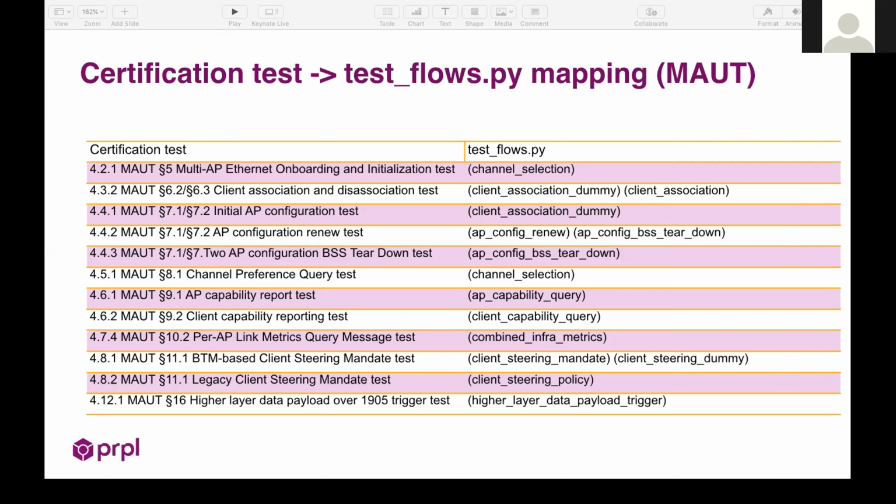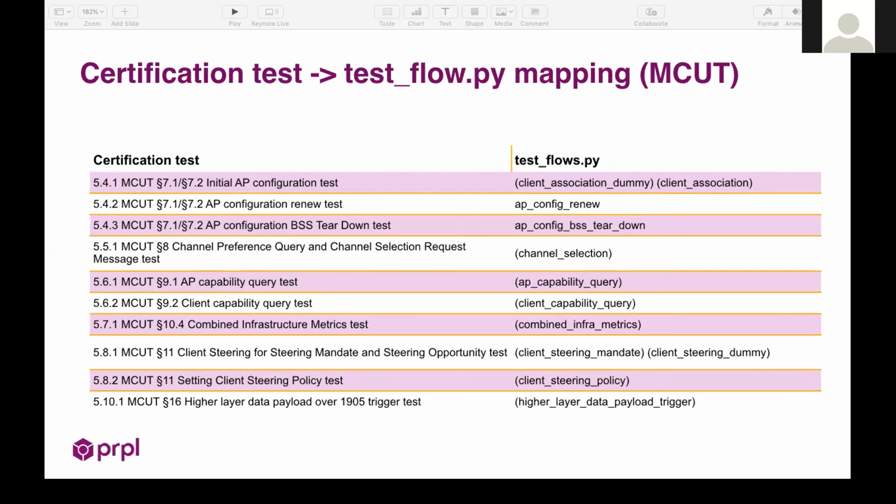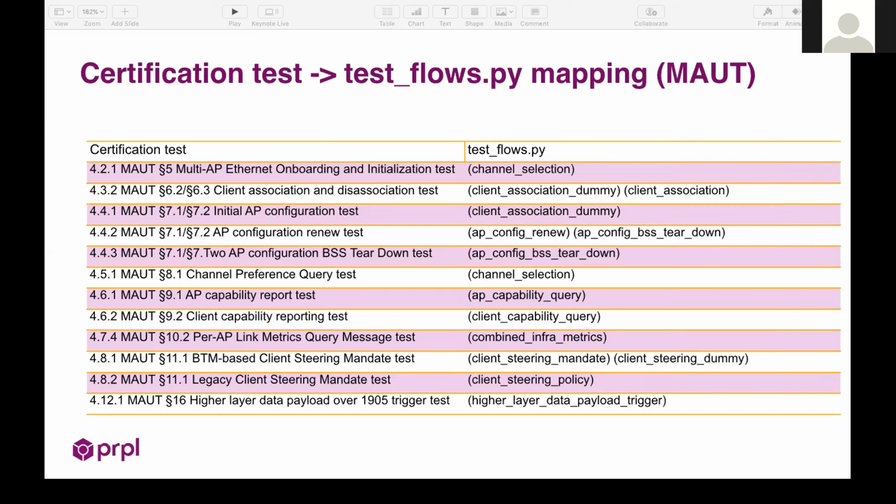It sounds kind of weird from the beginning, but it's logical, as by unification of those tests we may actually speed up the whole process, because there is no point in doing, for example, MCUT test scenario 7.1, 7.2 without doing the same scenario for agent, which we actually do. So that's why some testflows.py scenarios are mapped to a few official certification tests.